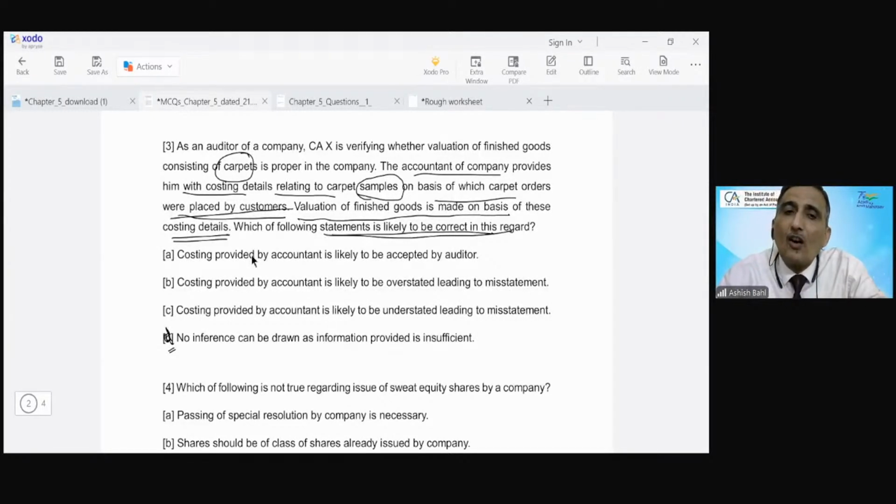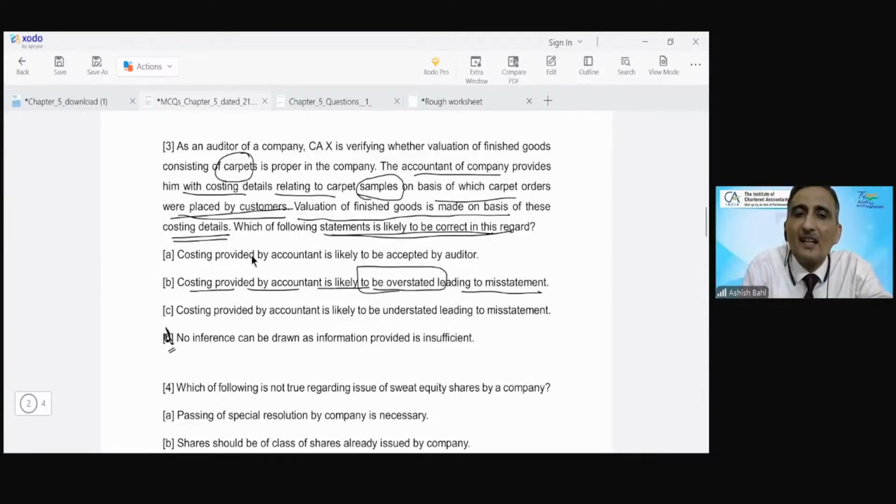So the costing details which the company has provided are not likely to be accepted by the auditor, because costing provided by the accountant is likely to be overstated, leading to misstatement. So option B is the right answer, not D. Option B is the right answer.